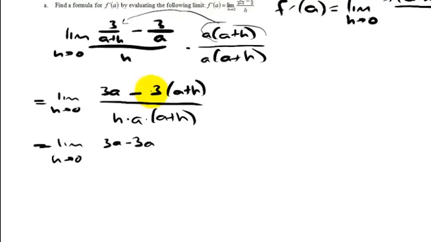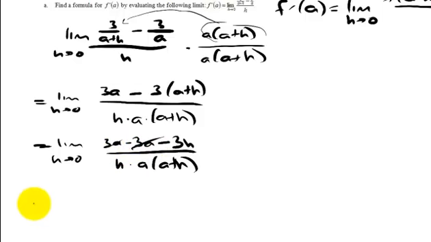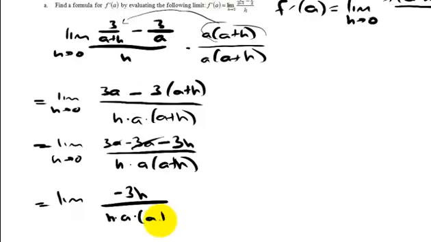And if we distribute the negative 3 to h, we get negative 3h. What happens to the 3a's? They'll go away, and you're left with, on the top, negative 3h over h times a plus h.